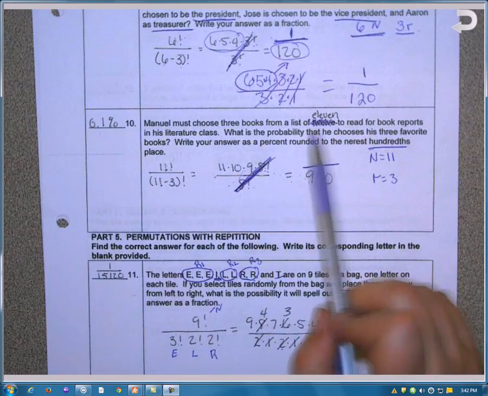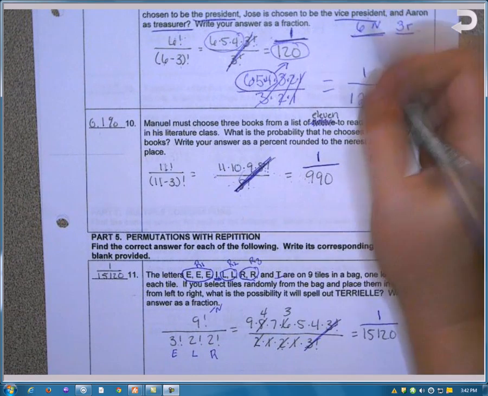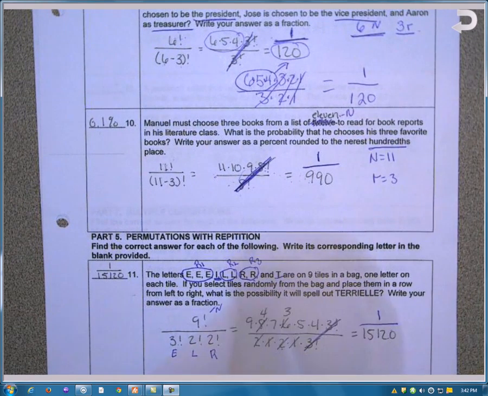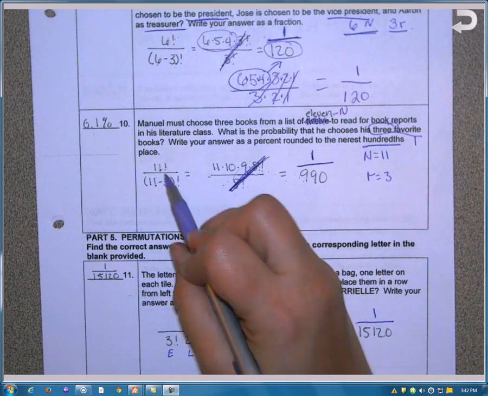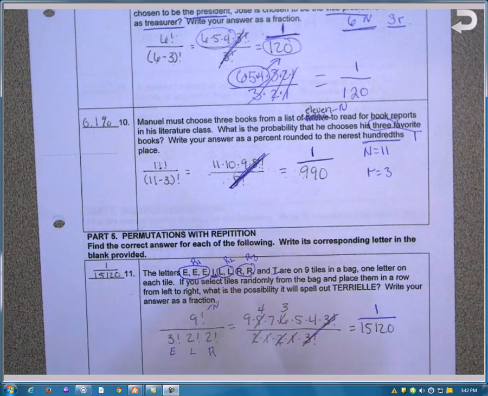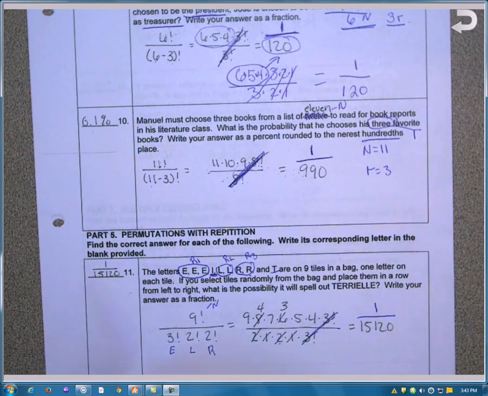So on this one, you know your N is 11. And you know your 3 favorite books, so that's the R. So it's 11 factorial over 11 minus 3 factorial.